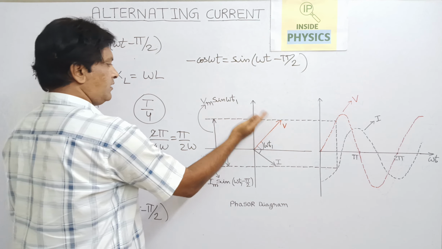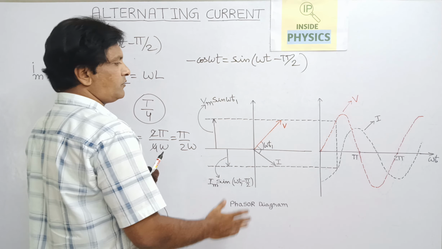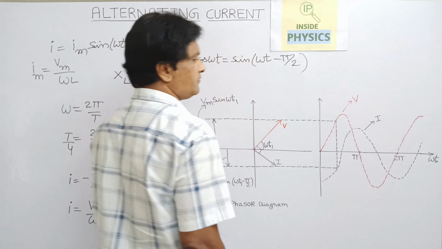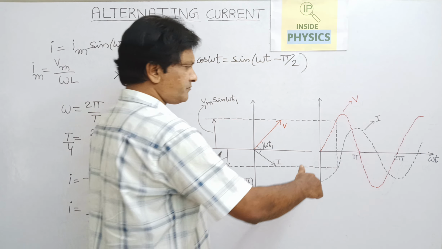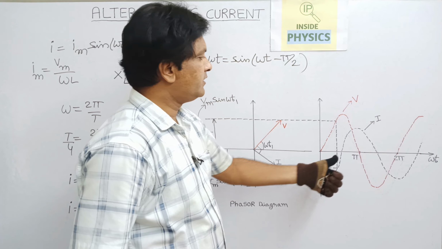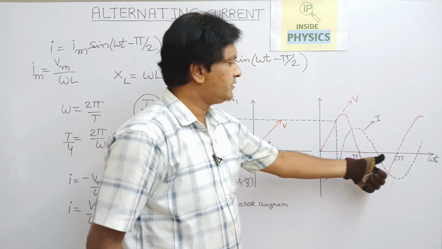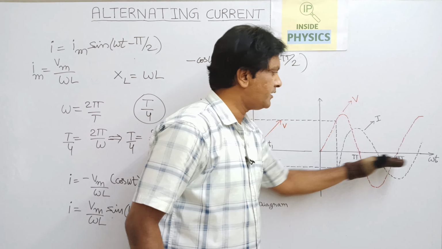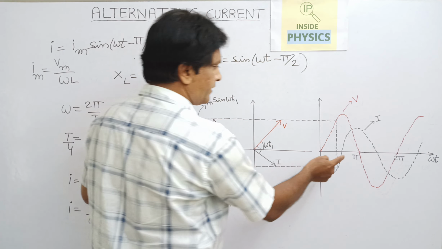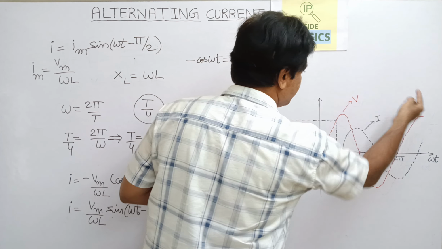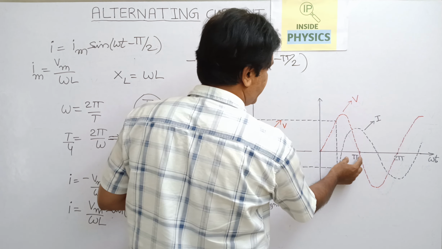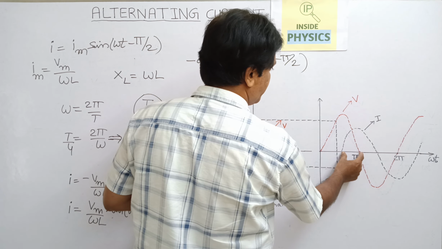This is the phasor. When you draw this motion as a sinusoidal curve, that is in a graphical picture, you can see this is pi, this is 2 pi, and omega t is the phase. Here, the current is behind the voltage by a difference of pi by 2.